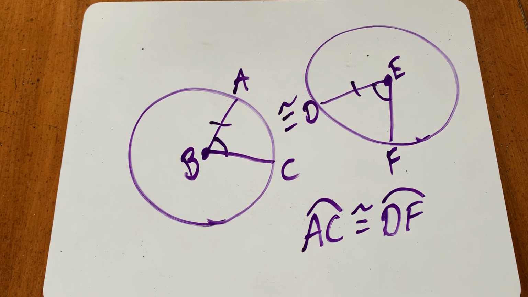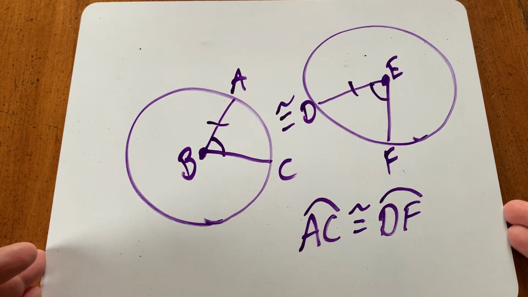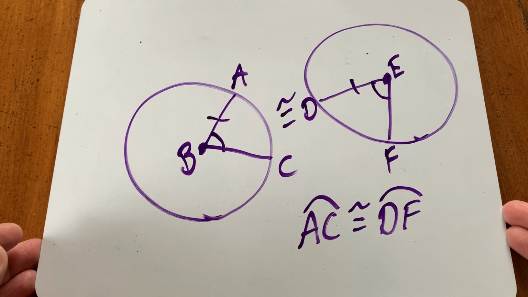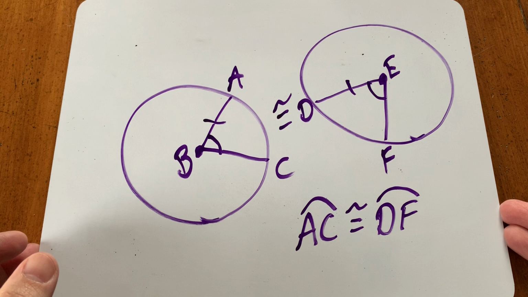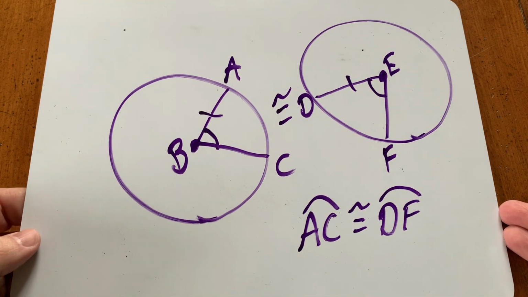So corresponding parts of congruent circles are still congruent. There's not a CPCTC abbreviation for that, because we're not going to be doing proofs, so you're not going to need to justify it like that. But you still need to know that corresponding parts of congruent circles are congruent.